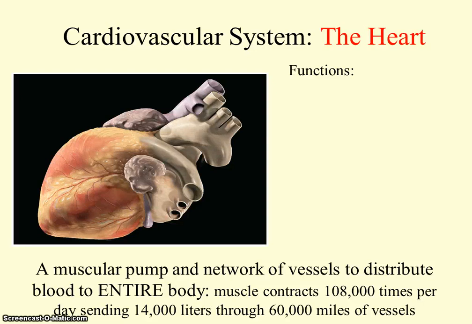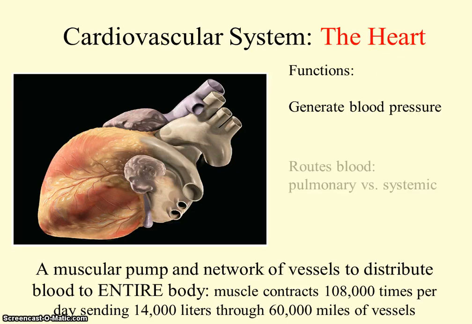All right, so these presentations are going to be about the heart, specifically looking at what the heart does for us. Functionally, we have to have enough blood pressure to push the blood we just got through talking about.